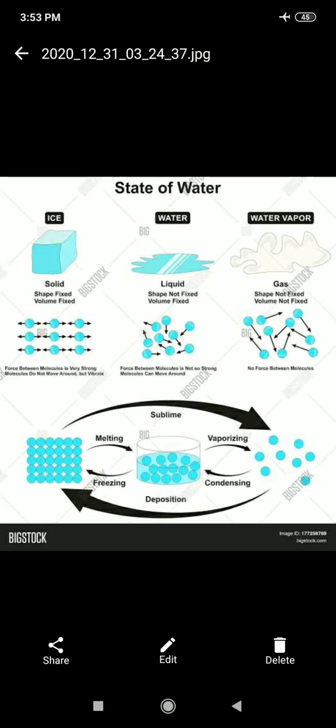Now, when a liquid changes into vapor on its own: you can see water from rivers or lakes is evaporating. What is that process called? When a liquid changes into vapors on its own, without any external heating. Are we applying any heat to the rivers and lakes to evaporate?